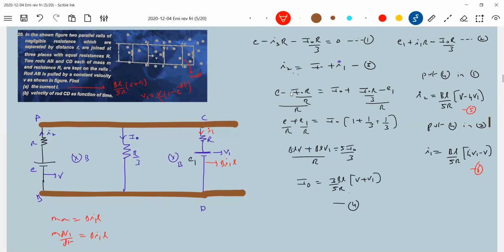I thought, okay. Okay, this again now. Okay, let me. BL, okay, this will be BL 5R, 4V1 minus V. Okay, this I think we have to solve. dV1 by dt.